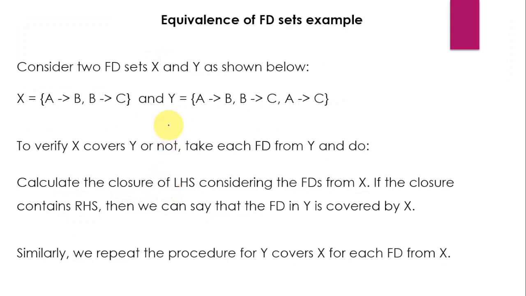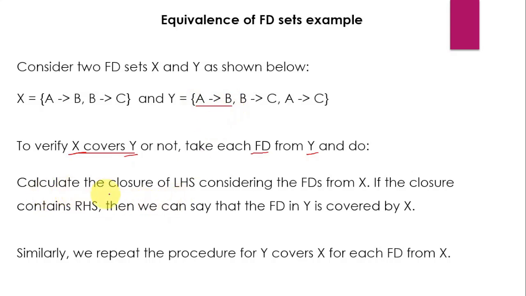First of all, how do we say whether one set covers another? To verify whether X covers Y, you should take each FD from the set Y. This is the set Y and this is the set of FDs X. Take each FD from Y, let's say I am taking this one.